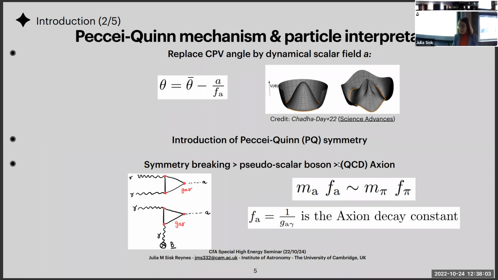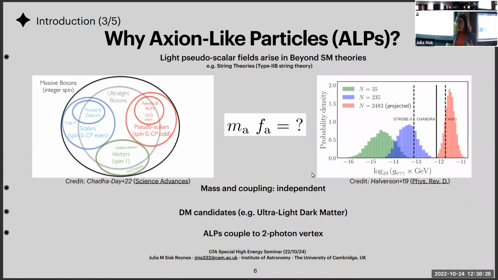And importantly, the product of its mass and its decay constant are set by those of the neutral pion. So for the QCD axion, the original axion that was proposed in the 1970s, we know the relationship that its decay constant holds as a function of its rest mass. However, we have not detected the QCD axion.